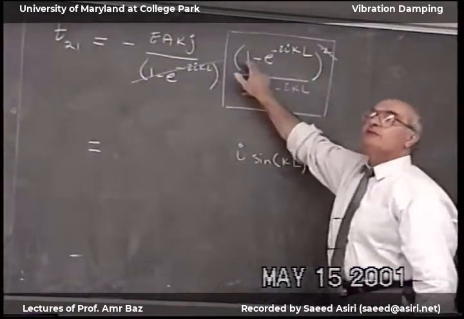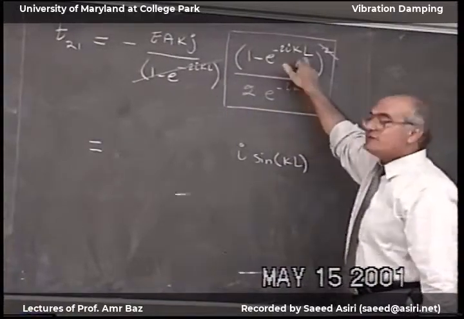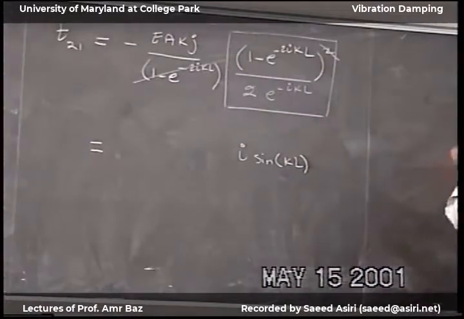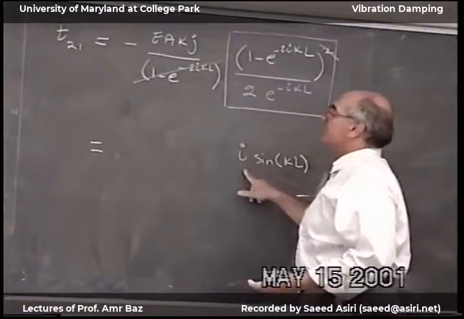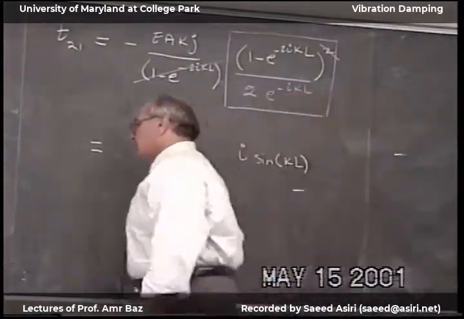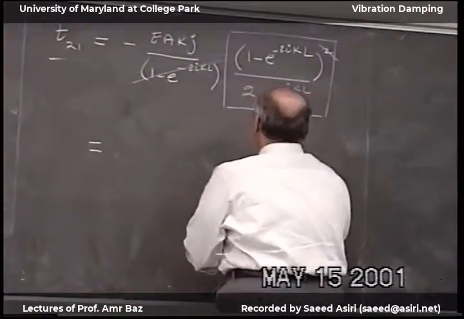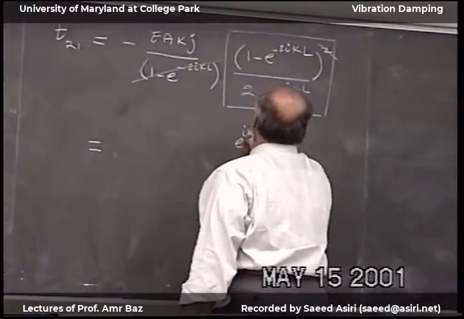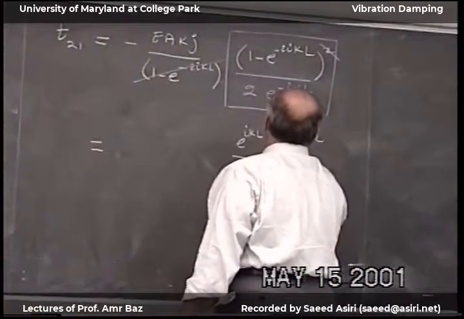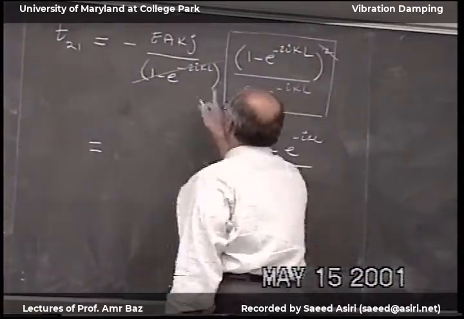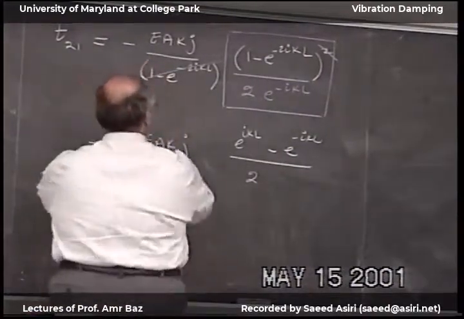I'll take this to the numerator, so I have exponential e to the iKL minus exponential e to the minus iKL. It should be minus, right? Let's do it one by one. So we have here e to the iKL minus e to the minus iKL divided by 2, and then we have e, a, k, and j, and we have minus here.